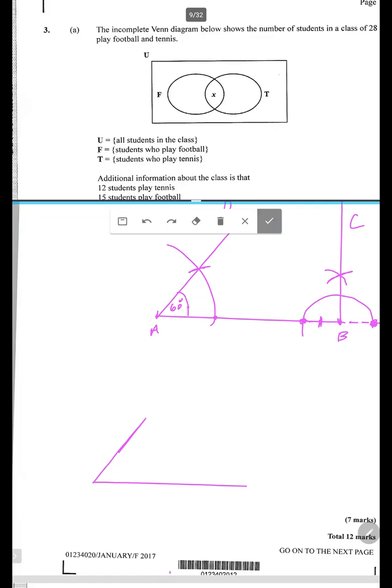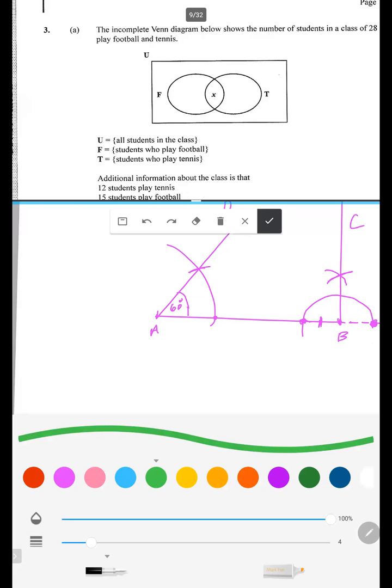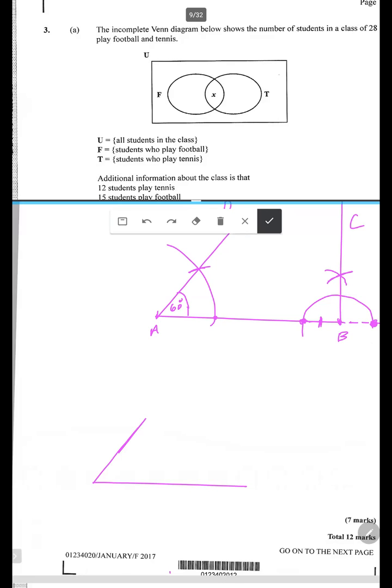I don't want that to mess it up. Change the color a little bit. Come back here now. Right. So essentially what you're doing is you're transferring this length up to this point, right?